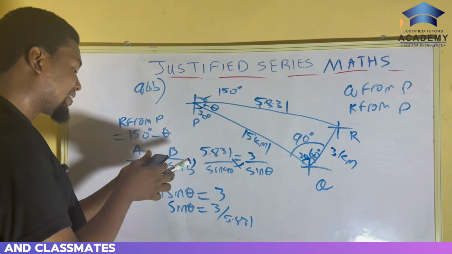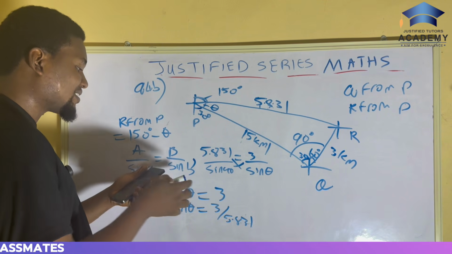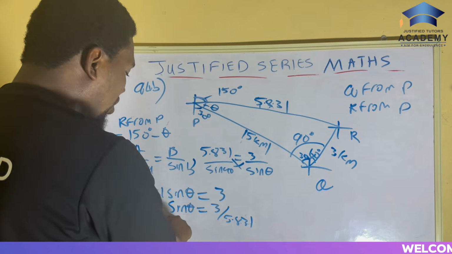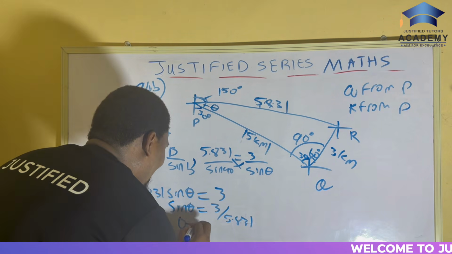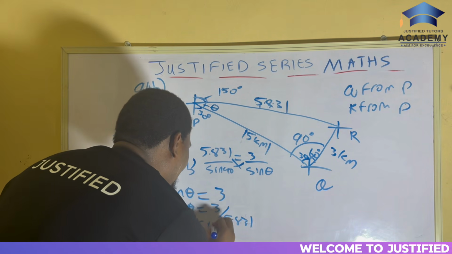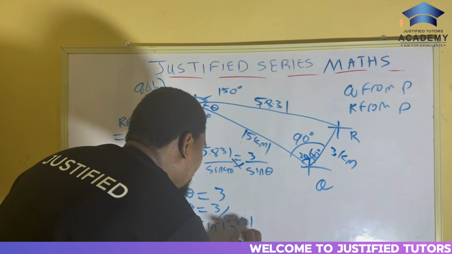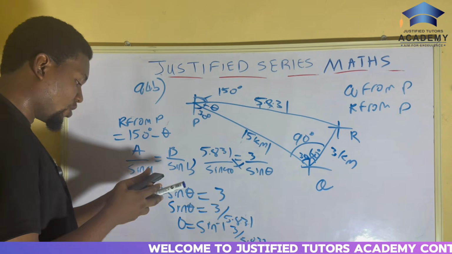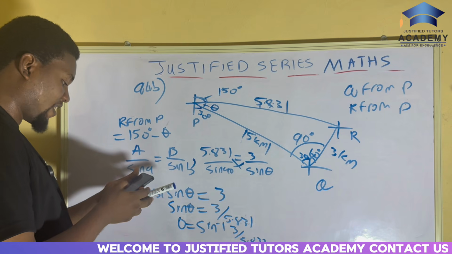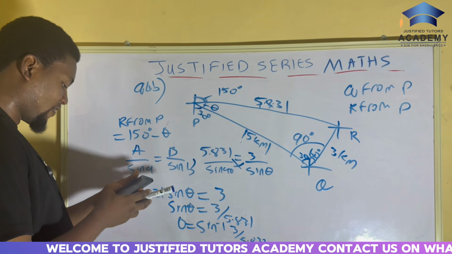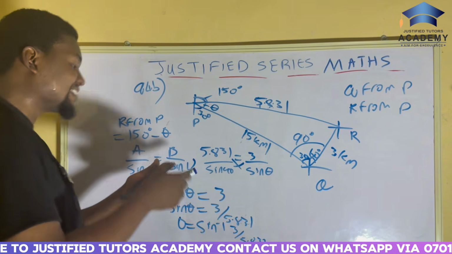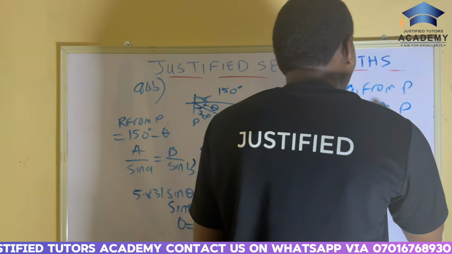In your calculator, just press sine inverse of 3 divided by 5.831. Theta will now go to this side. It becomes sine inverse of this, 3 over 5.831. That will give us 30.96 degrees. So our theta will be equal to what?